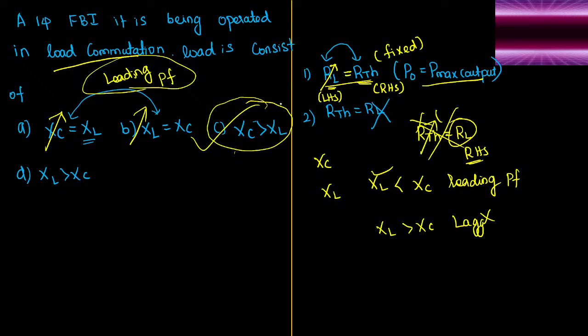A single phase full bridge inverter. Write down here: single phase full bridge inverter is having supply voltage Vs given as 200. We know the input is DC, right?